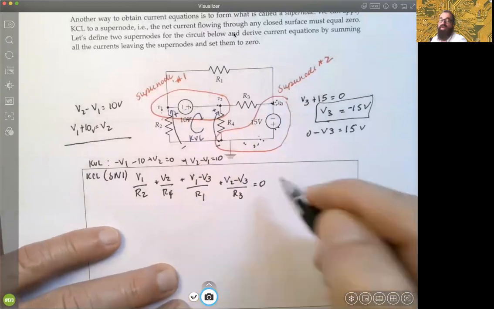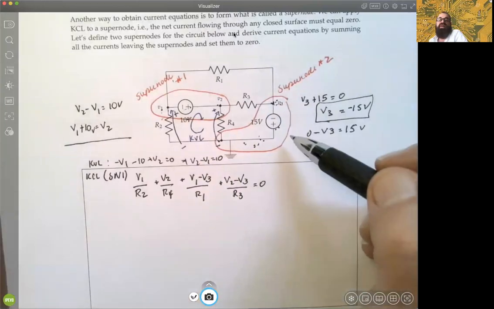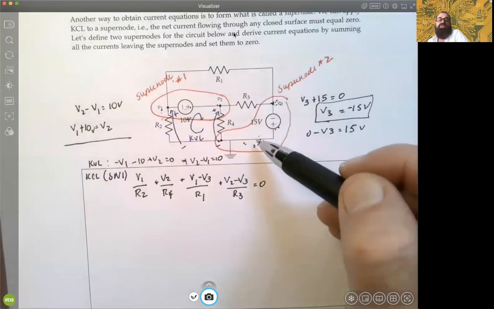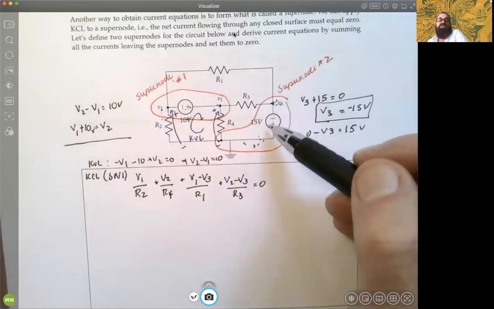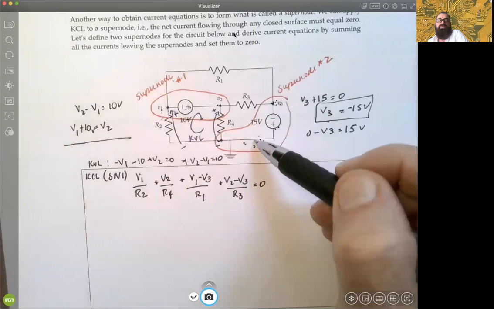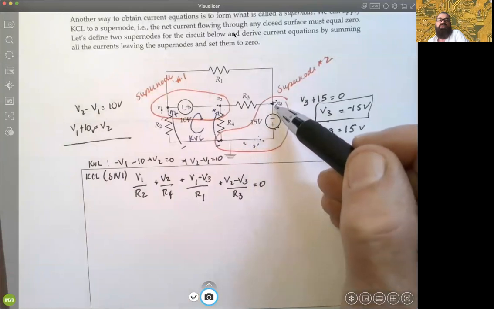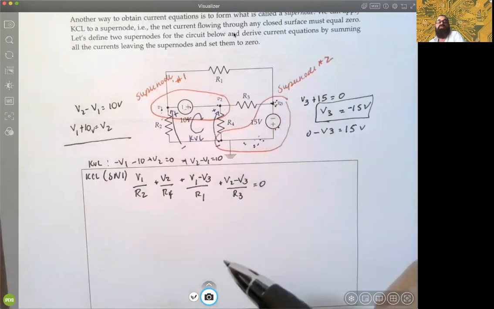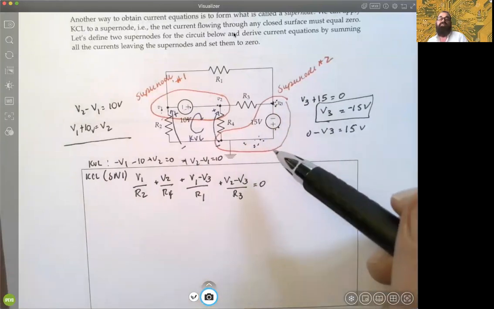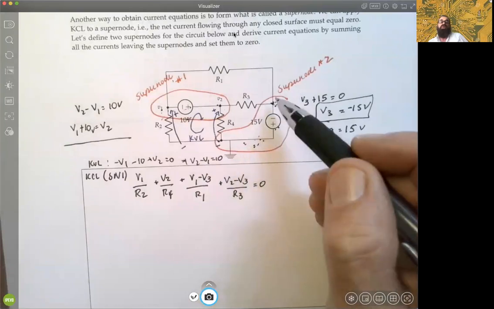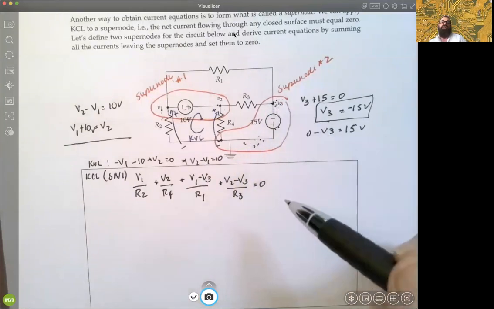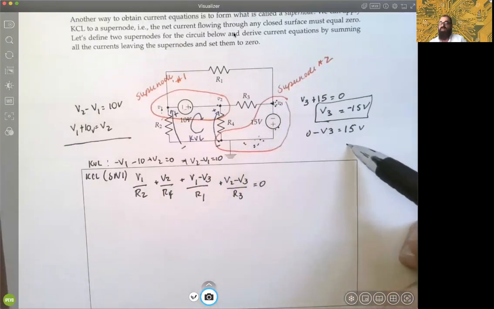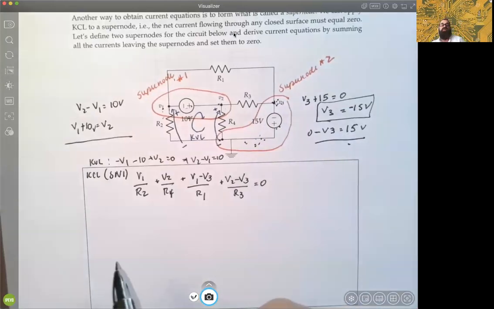However, remember, we just discussed the fact that if you're generating voltage, going from 0 to the voltage there at V3, you must be going through 15 volts. In other words, going from 0 to this V3 must be 15 volts. That's exactly what that equation says, okay?